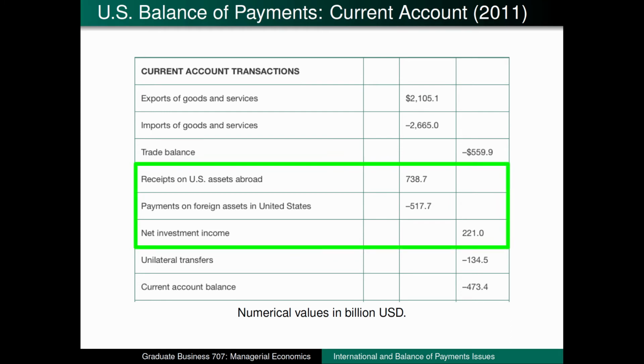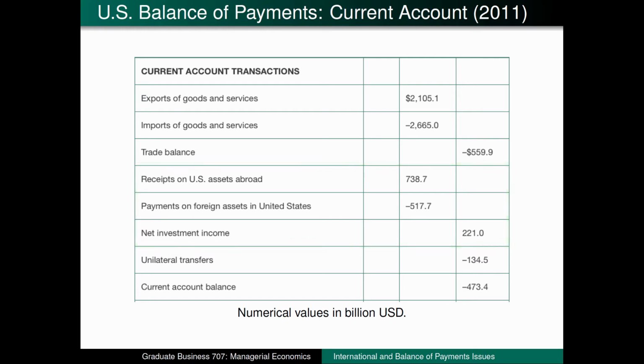Looking at net investment income, Americans earned more than $738 billion in interest from foreign bank accounts, whereas foreign citizens earned about $517 billion from American financial institutions, so the net investment income in 2011 was positive $221 billion.